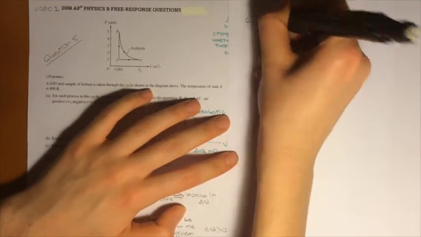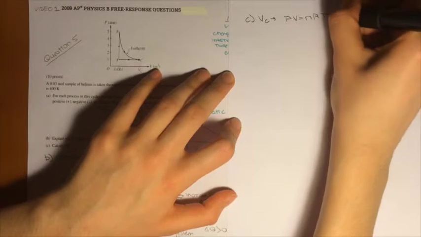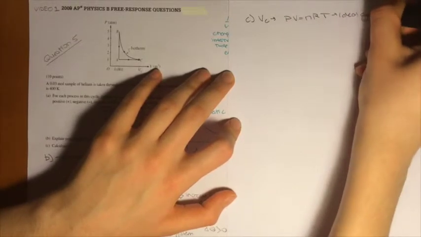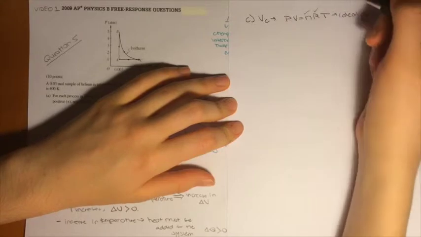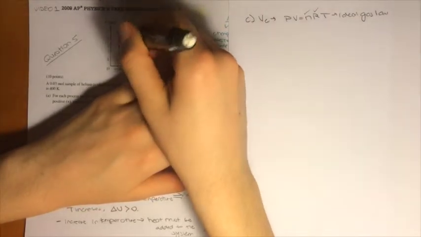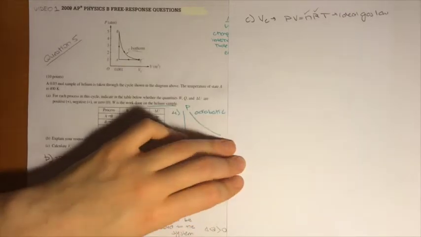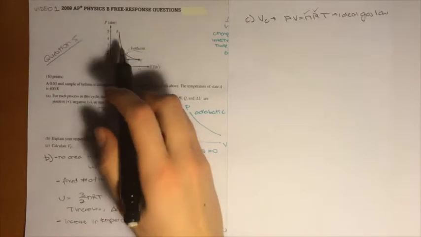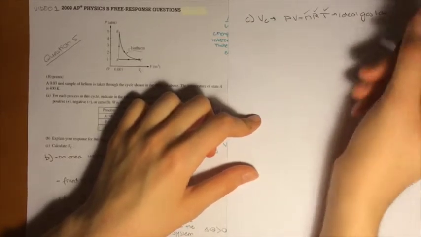C asked me the volume for C. PV equals nRT. We all know this. This is the ideal gas law. So using the ideal gas law, I can see that n and R are the same from all these processes. So I can just work with these three variables. And then I can work with B and C because it's isothermal, so they're the same temperature.